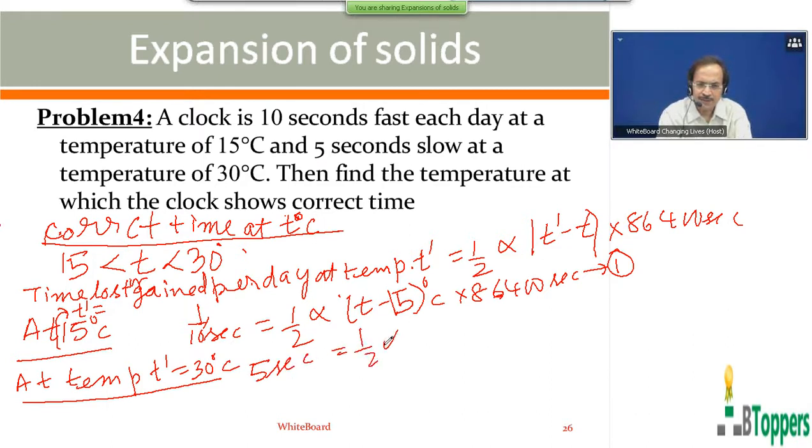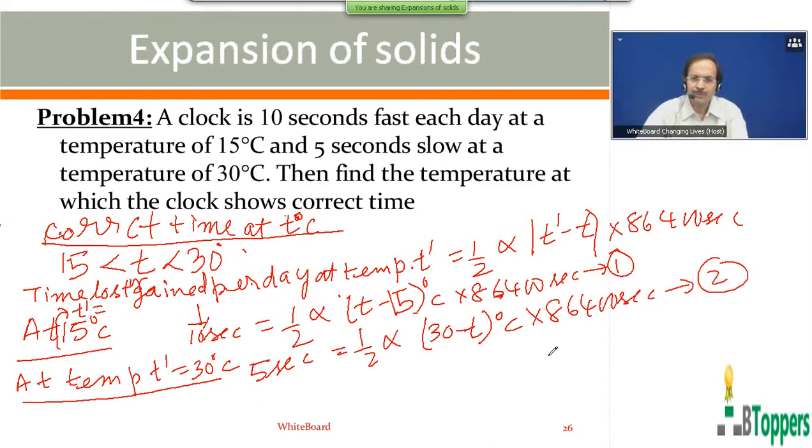That is equal to half alpha into mod of T dash minus T, which is 30 minus t degree centigrade, into 86,400 seconds. Call it equation 2. Those who want to copy the solution of the problem can take a pause and copy it.